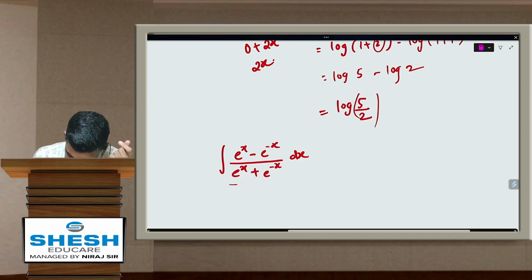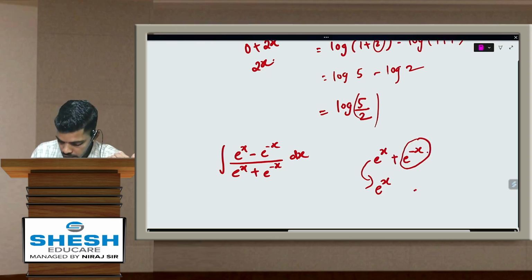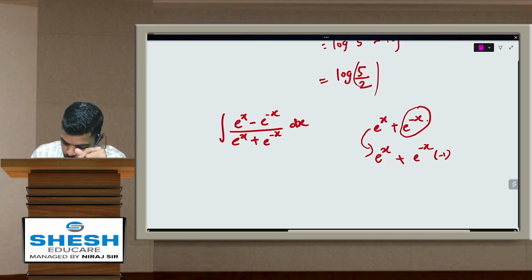Now look, what is the derivative of this, e to the power x plus e to the power minus x? The derivative of e raised to x is e raised to x. Then what is the derivative of e raised to minus x? e raised to minus x, then again take the derivative of minus x, which is minus 1. So minus 1. Simplify this, what will come?